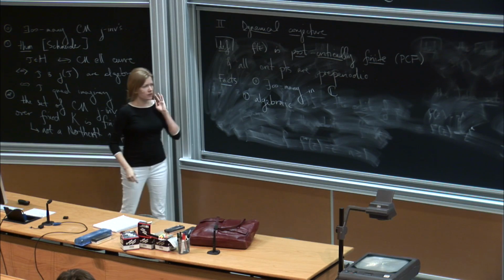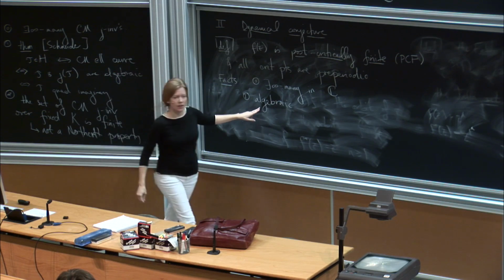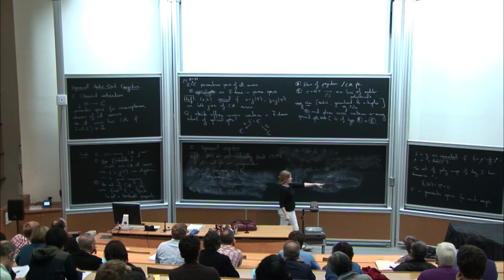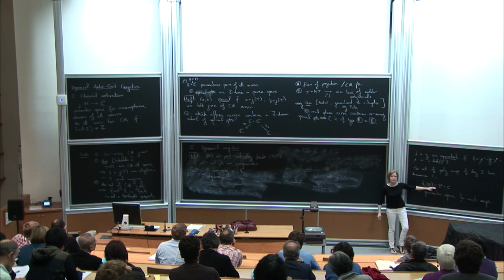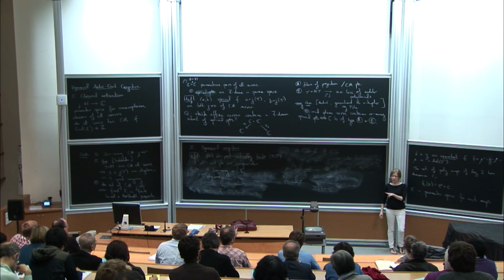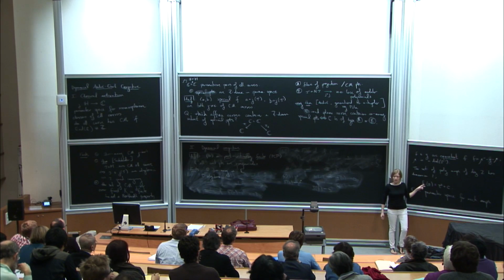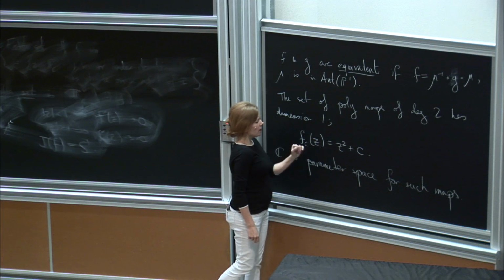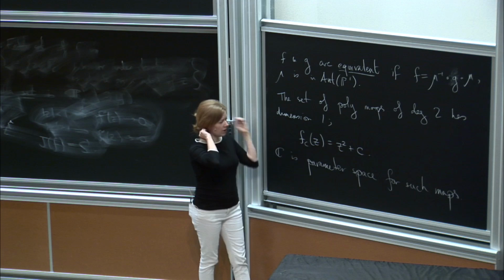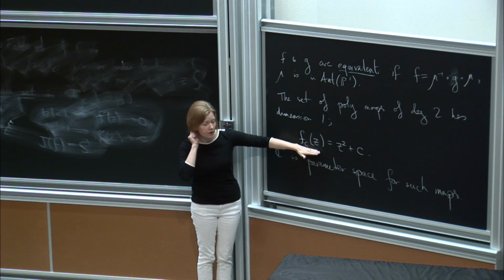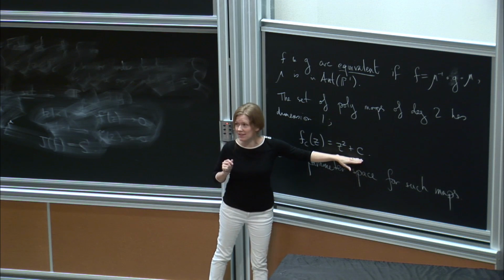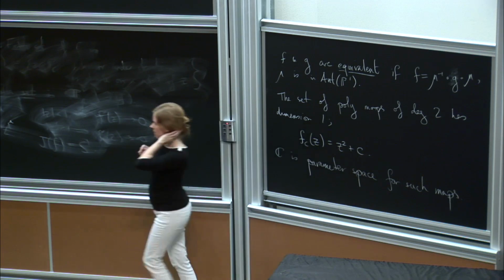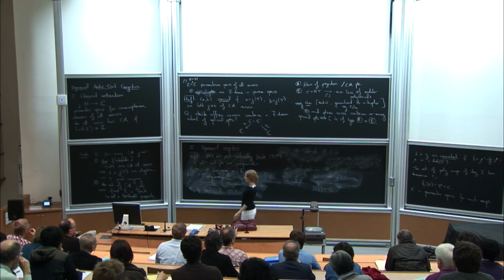This is relatively easy to see. Let's restrict our attention to these maps. What does it mean for a map like this to be PCF? Well, it has two critical points, one at 0, one at infinity. Infinity is fixed. 0 is pre-periodic. All that means is that you're finding some forward iterates of 0 under this map that are equal to each other. In other words, a polynomial in c. So these things are algebraic.